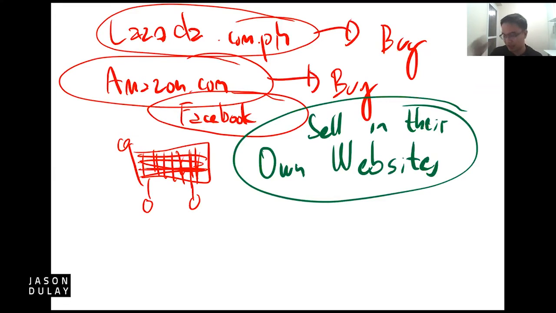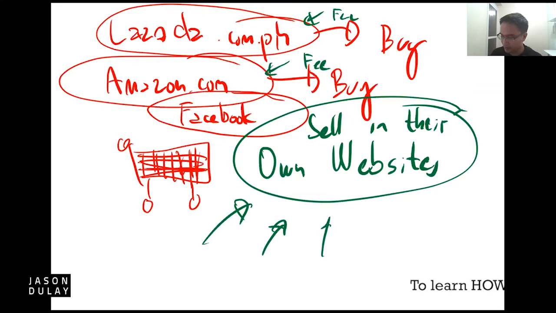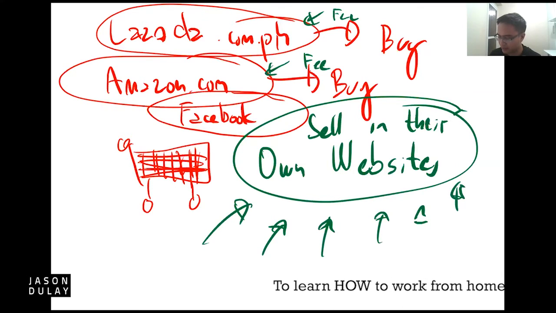Why is that? When you sell on Lazada, you have to pay Lazada a certain fee. When you sell on Amazon, you have to pay Amazon a certain fee. And when you sell on your own website, companies are able to build their brands better. So companies that sell on their own websites are really looking for these e-commerce VAs.